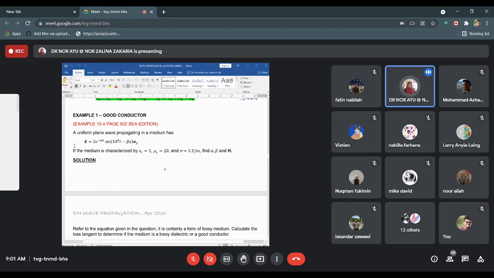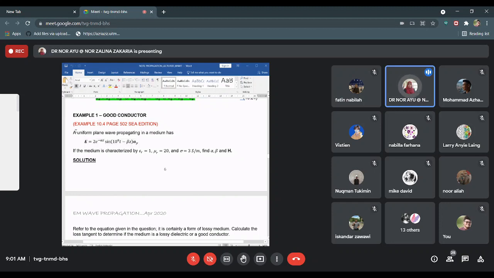Okay, so first, when you are given a question, normally you are given an equation like this. The first thing you need to do is determine whether this is a lossy or a lossless medium.